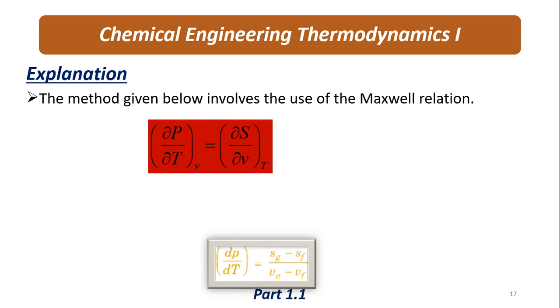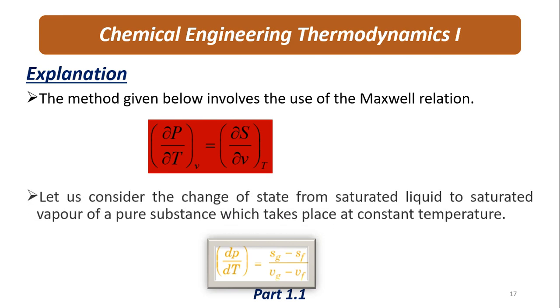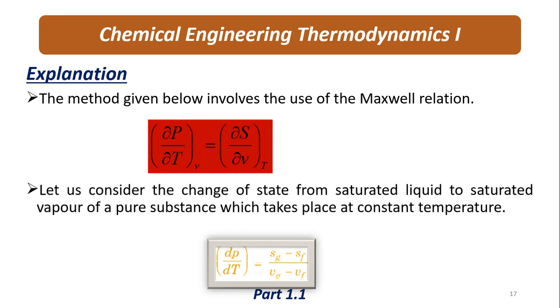To derive the Clapeyron equation, let us look at the Maxwell relation: the partial of pressure with respect to temperature at constant specific volume equals the partial of entropy with respect to specific volume at constant temperature.